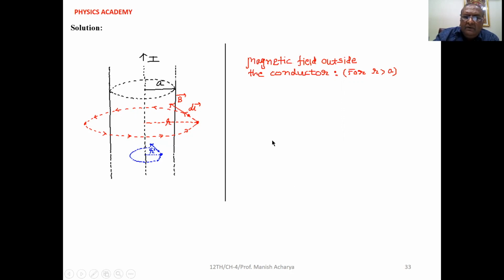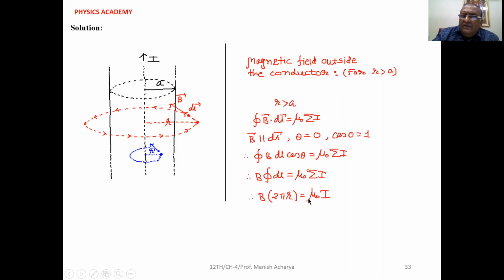Okay. Now, for r greater than a, write down the Ampere circuital law, integration B dot dl equal to mu 0 sigma I. Now, consider the Amperian loop having radius equal to r.